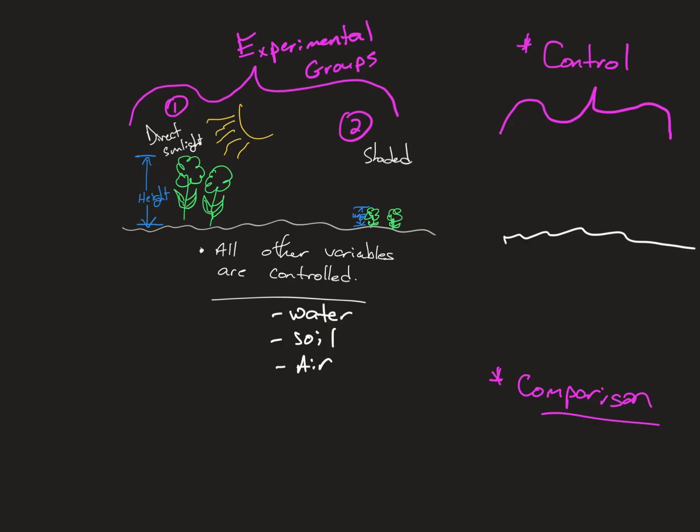Answer, we don't, unless we have a control group. So what we would do then is plant the seed in a control group that's in total darkness, absence of light. This would be your negative control.